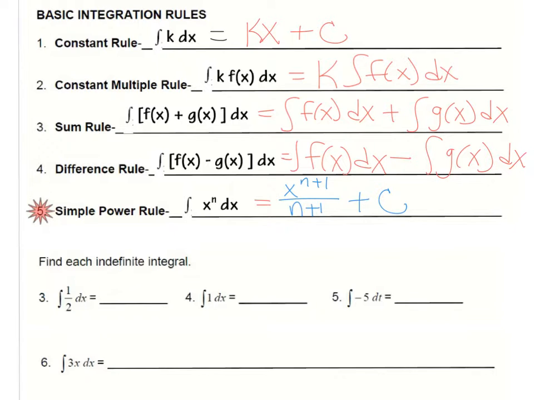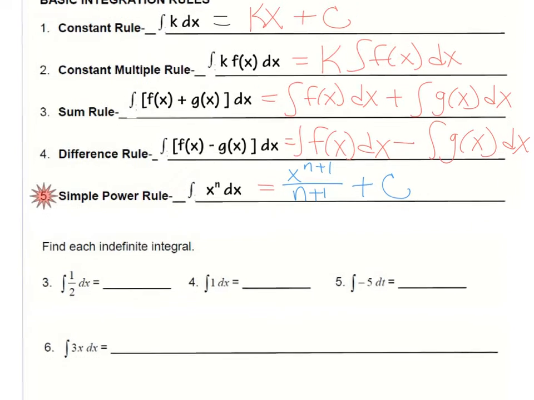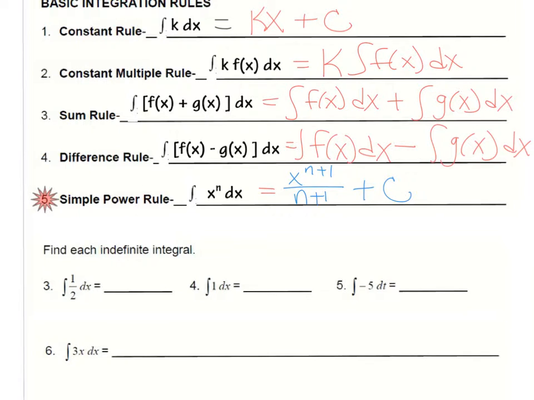Before, when you found the derivative, you subtracted 1 from the exponent. Well, now the opposite: we're going to add 1, and instead of multiplying by the exponent, we're going to divide. Everything is opposite.